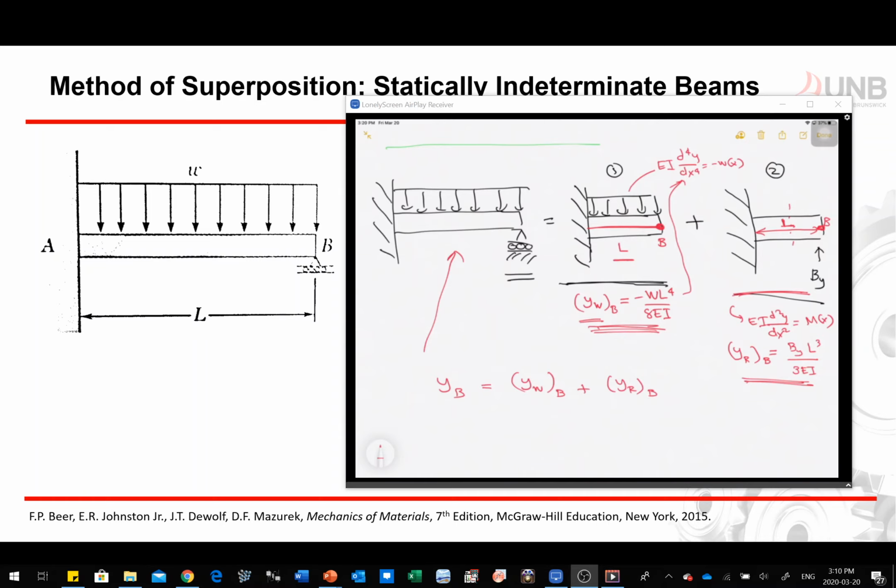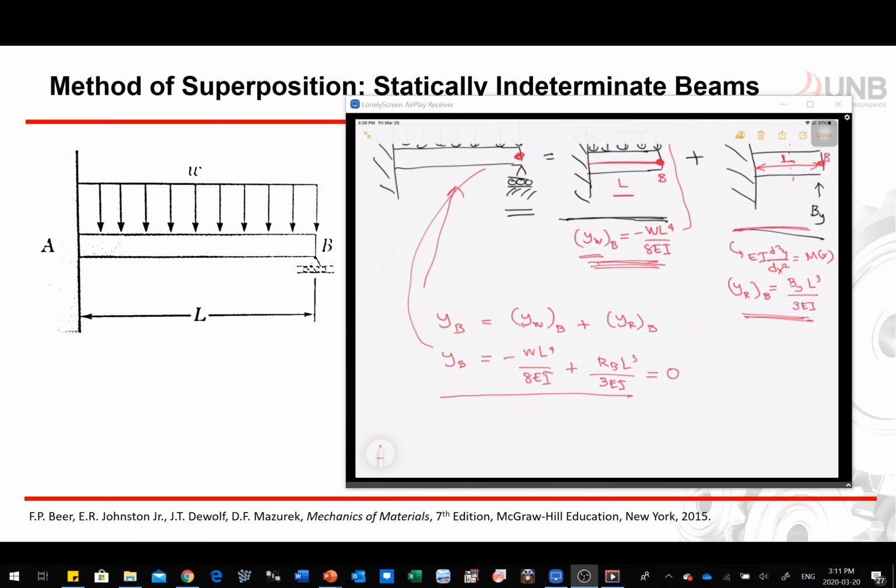In this case, we can say that YB is equal to negative WL^4 over 8EI plus RB L^3 over 3EI right there. Now, the thing here is, if we are looking at YB, and that's this point right here, YB should be equal to 0, right? Which means this equation right here should be equated to 0.